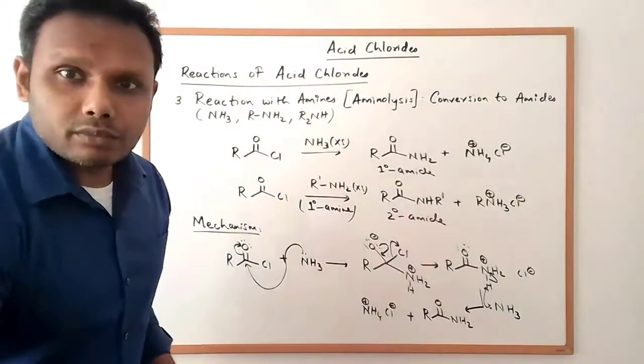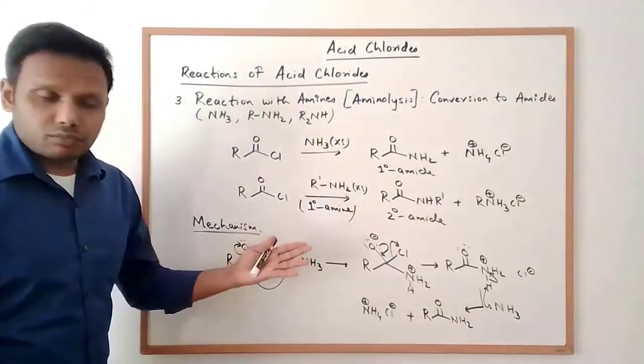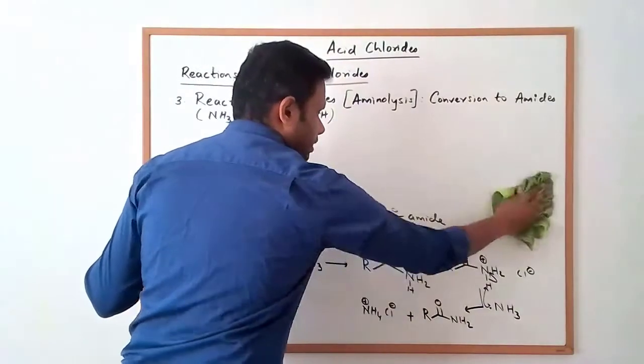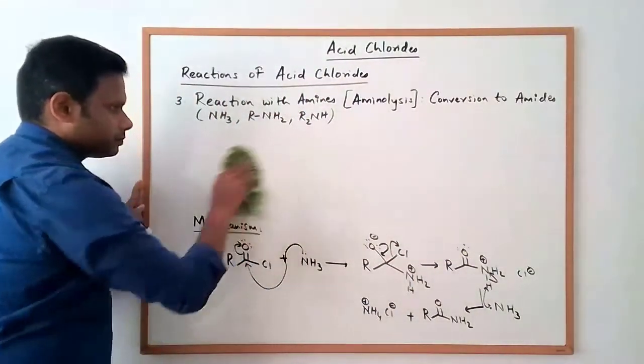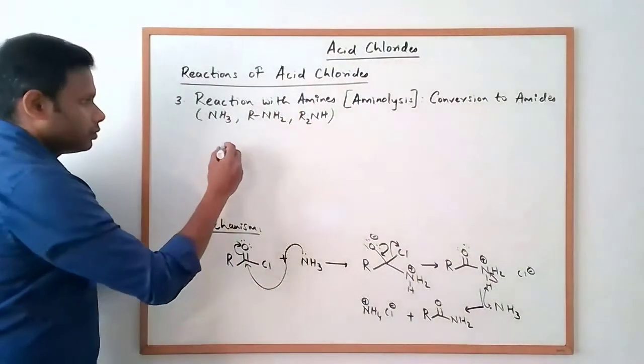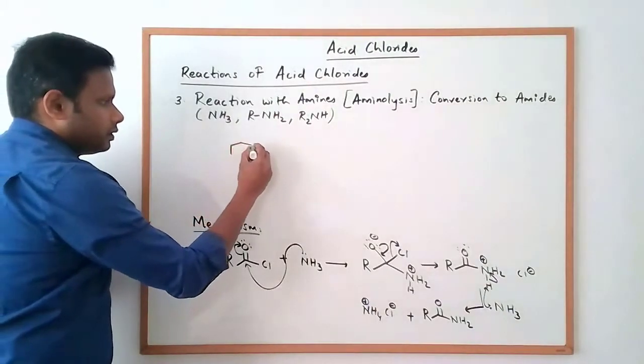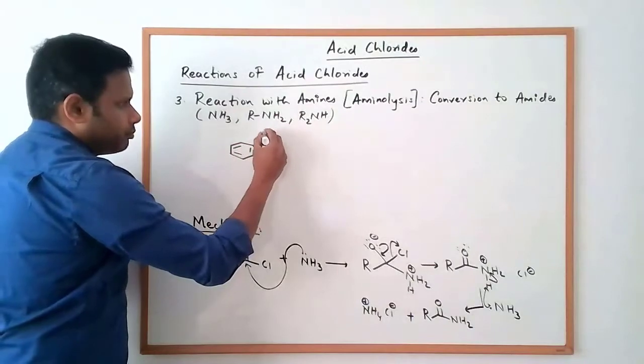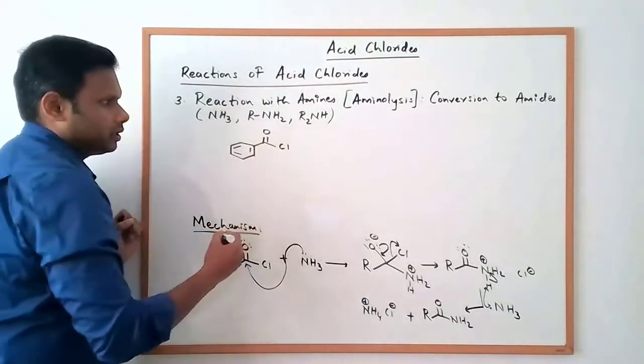Now, let's look at some examples quick here so that this makes sense. And we will just put down some specific examples here. So let's say we have a benzoyl chloride, let's say.